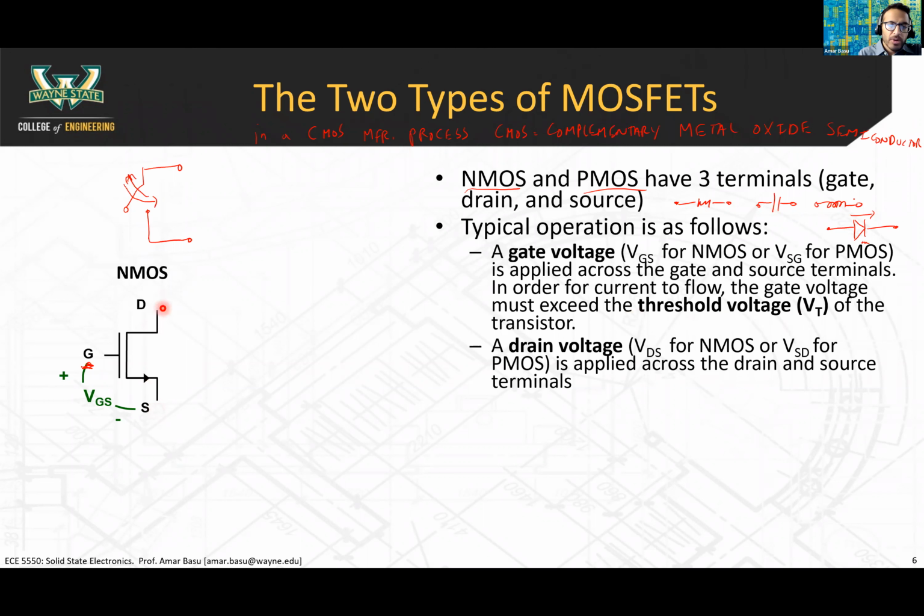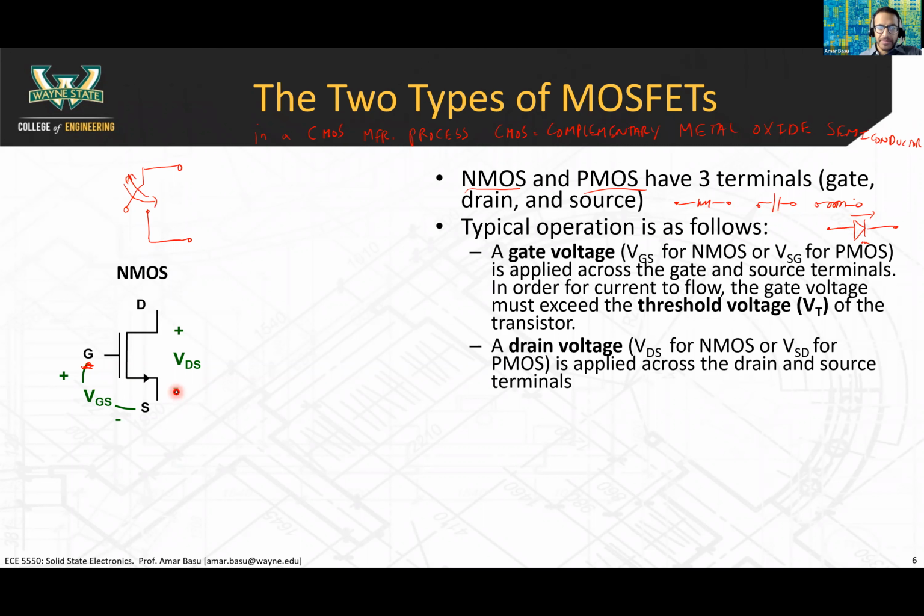In order to get current to flow between the drain and the source, you also have to apply a drain voltage. Even if this channel is open, you don't get current flow through here unless you actually apply a drain to source voltage as well. So with a three-terminal device, you actually have to apply a VGS and a VDS, both.